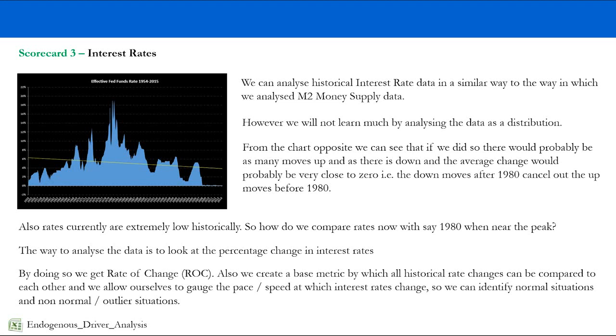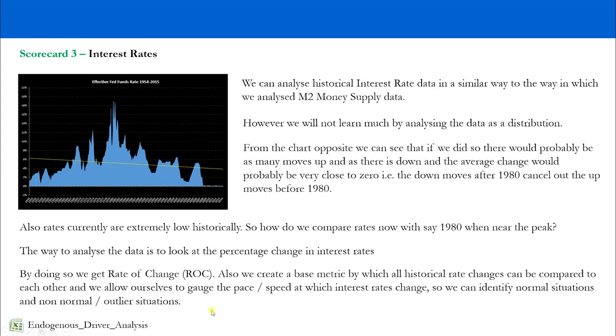By doing this, we get a rate of change, and we create a base metric by which all historical rate changes can be compared to each other. We also allow ourselves to gauge the pace or speed at which interest rates change, so we can identify normal situations and abnormal or outlier situations.